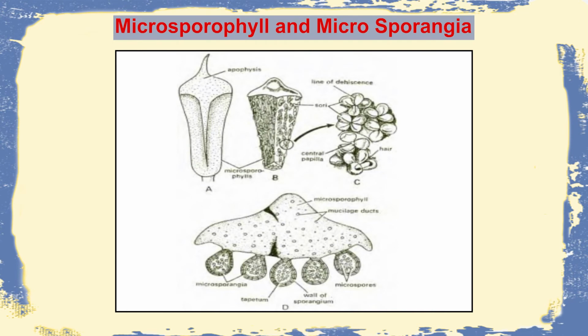This is a single microsporophyll having a spinulated projection called apophysis, and these are the collection of microsporangia, and these microsporangia will have the microspores or pollen grains inside. Actually, the microspores represent the male gametophyte.